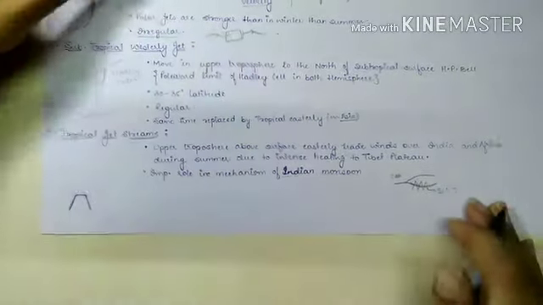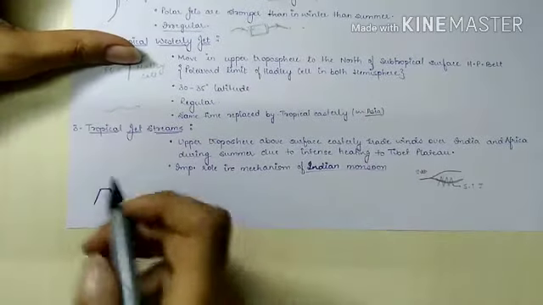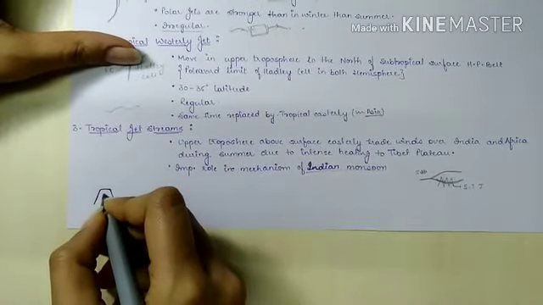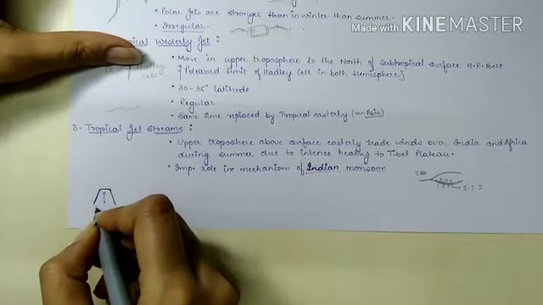So during summer, what happens, we have this Tibetan plateau here. Its height is 5,000 meters on average.